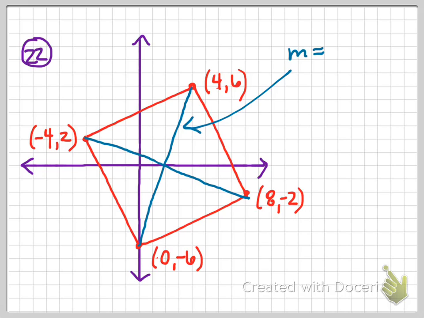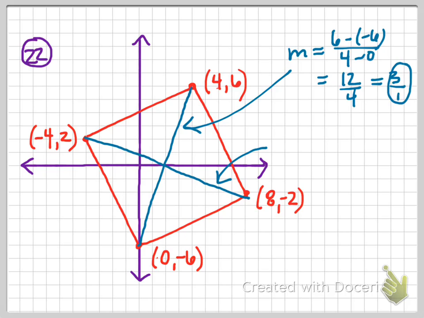So I'm going to subtract my y's, 6 minus negative 6, and then my x's, 4 minus 0. That gives me 12 over 4, which simplifies to 3 over 1. There's my slope of one diagonal.